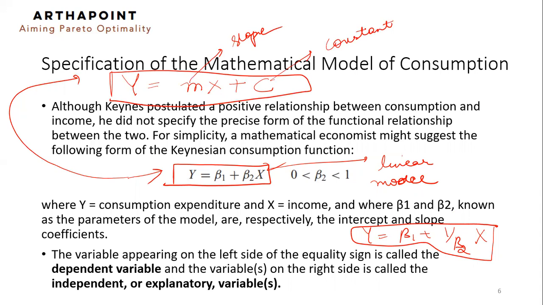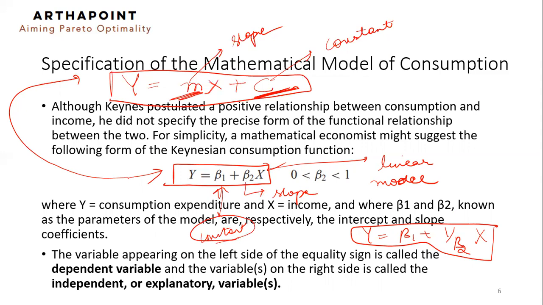So whenever we write a relationship y is equal to mx plus c, whatever comes with x becomes my slope and this becomes my constant. So this is exactly what this relationship is all about. This is the slope and this is the constant. We'll do this in pretty good detail as I go ahead across the course of econometrics.